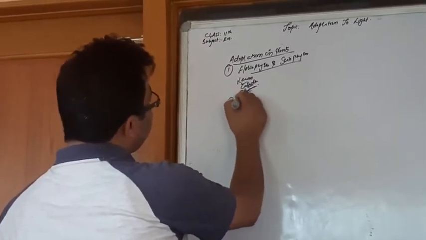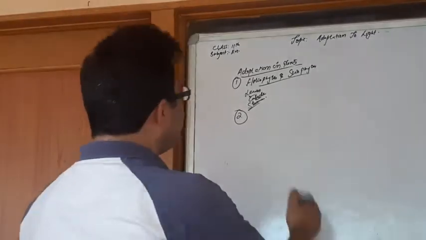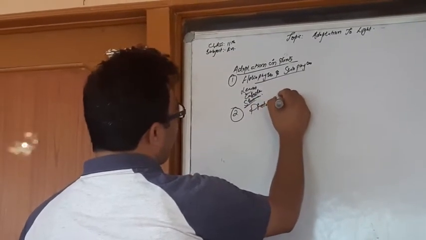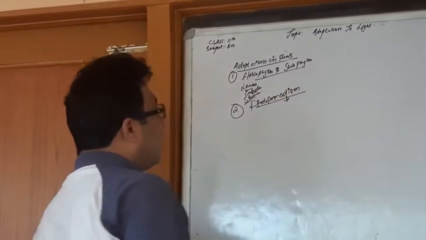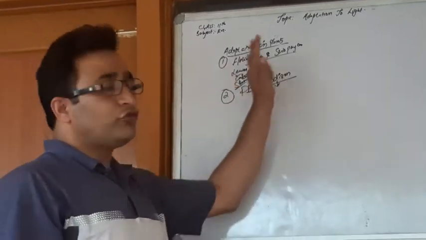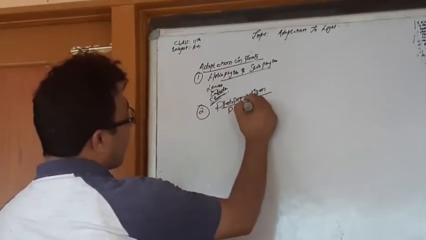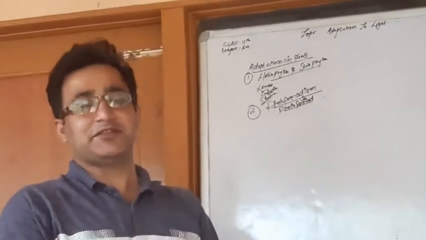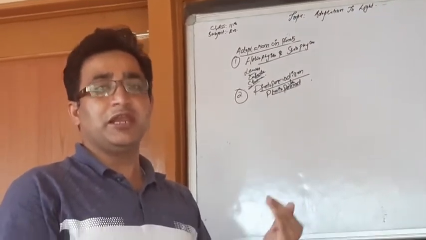Another important feature in case of plants' response to light is the process of photoperiodism. First we should know what is the photoperiod. Photoperiod represents the duration of daylight.